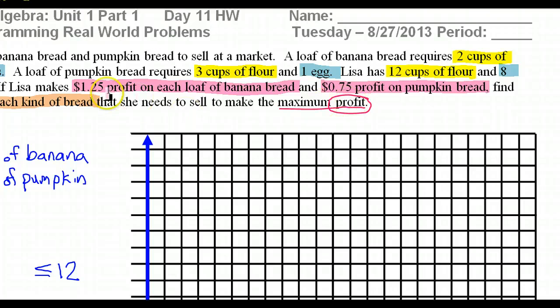That's Y. So these are the 2 numbers that are going to go into my profit equation, my objective function. It'll be $1.25 per X, because that's banana bread, and plus 75 cents per Y, because that's pumpkin bread.